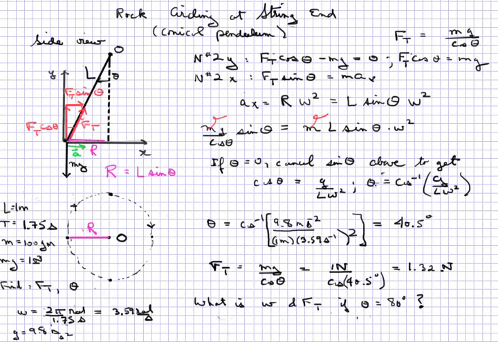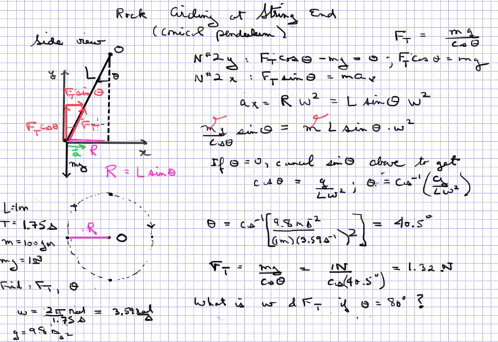The mass is executing UCM, and so at this instant of time, it has an acceleration pointing towards the center of the circle along which it's going. The radius of the circle on which this mass is moving is related to L, the length of the string, by R equals L sine theta.